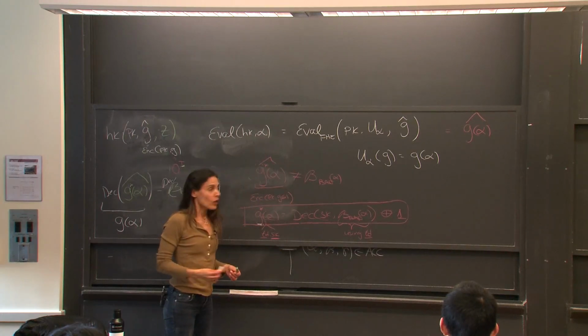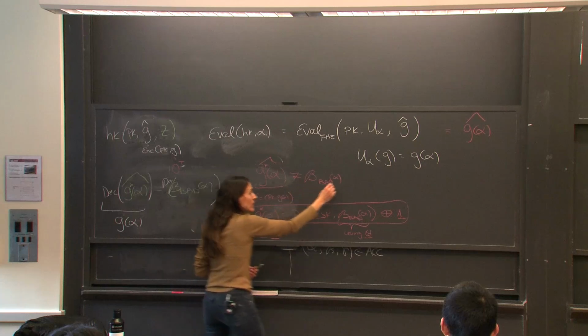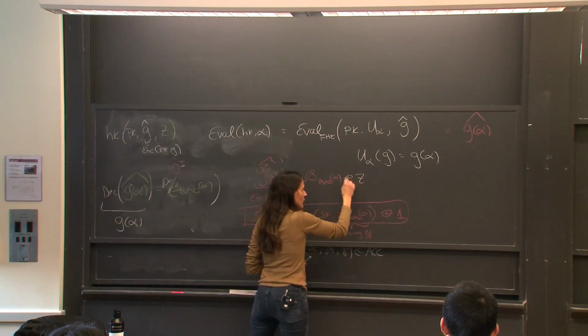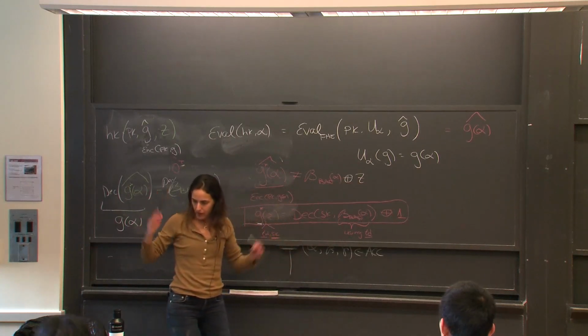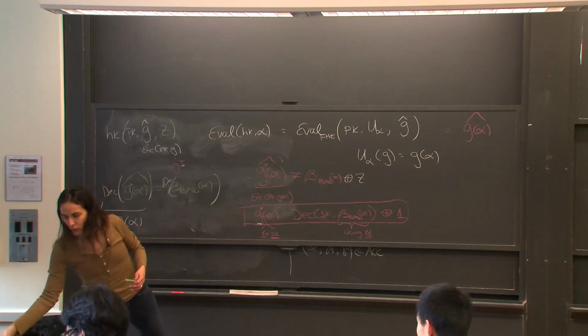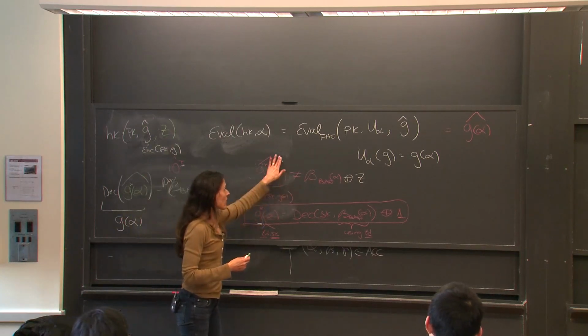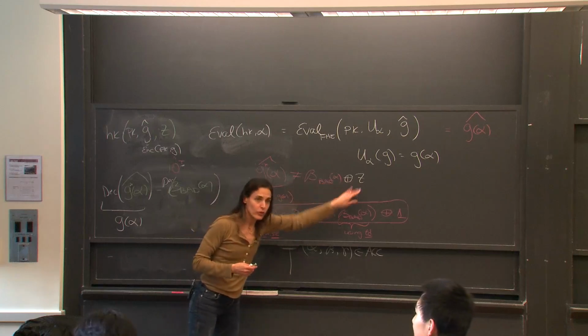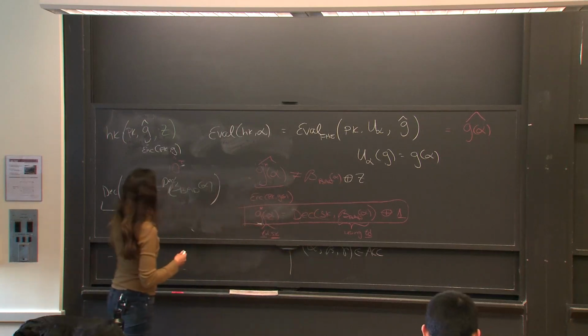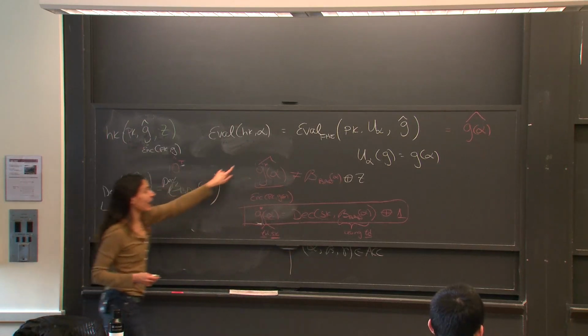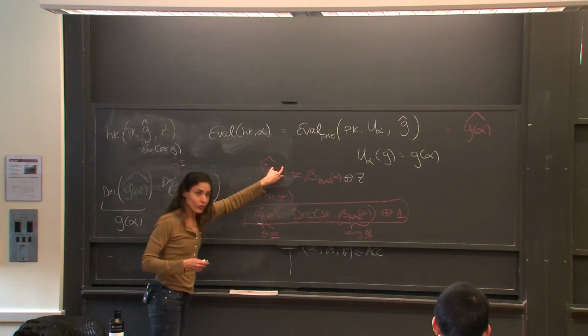So I want to argue that this is not equal to beta XOR Z, or minus, we're doing everything XOR, so minus plus, don't worry about it, we'll get it later. This does not equal beta XOR Z, because my hash is not just this, it's this XOR Z.